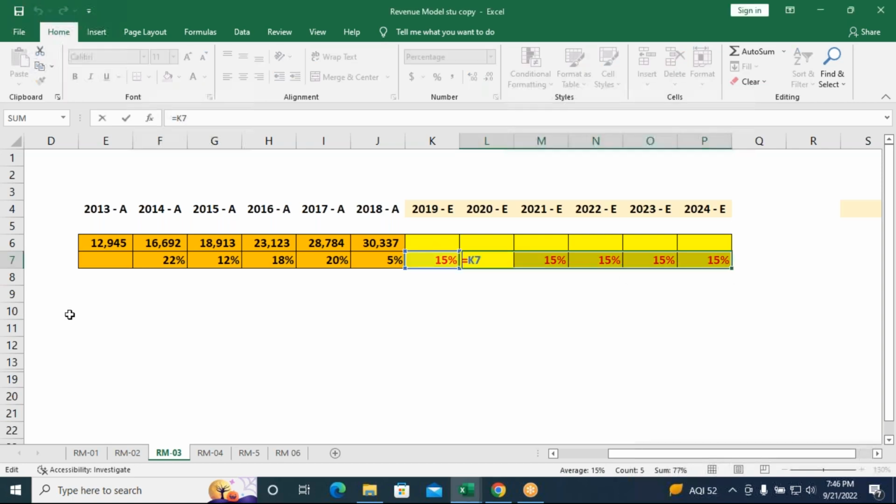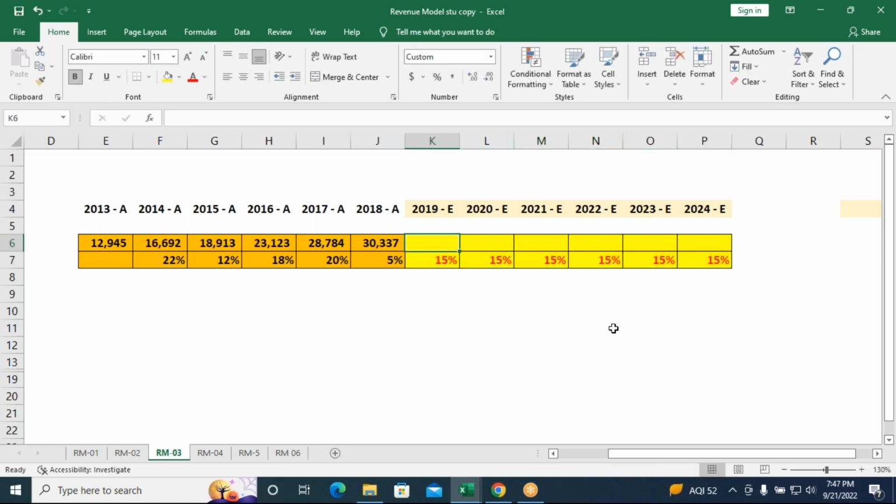Now I need to calculate the revenue. For that, I'll take equal to, open the parenthesis, select the previous year's revenue, that is 2018's revenue, into this 15%, plus add with this value.